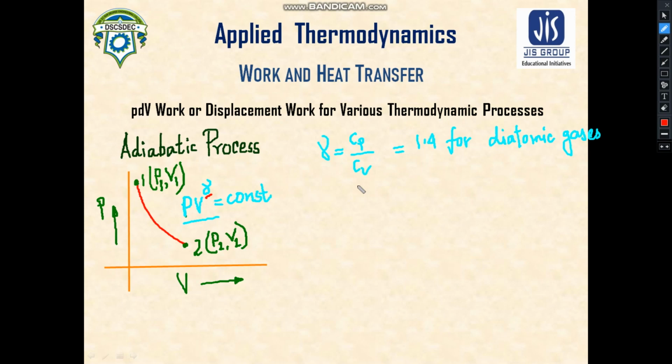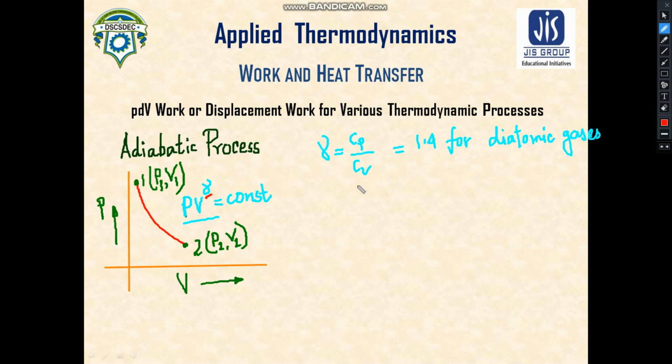This has a certain thermodynamic relationship with the internal energy and enthalpy. We shall not get into this at this moment. Just for your information, you should know this fact.